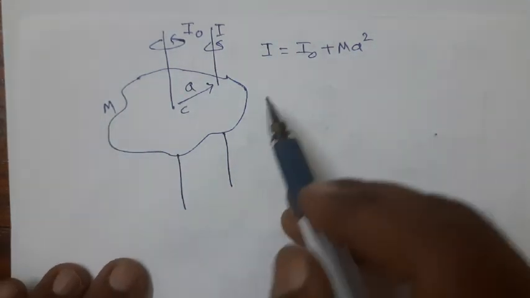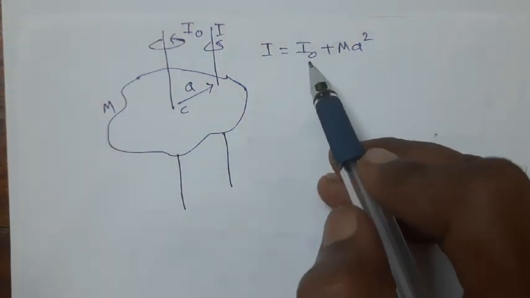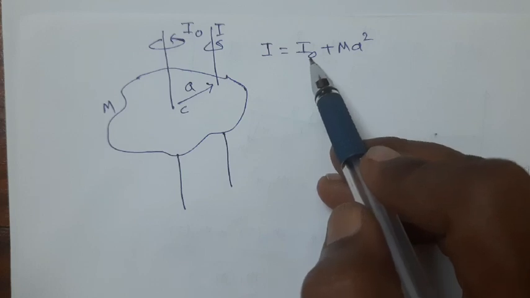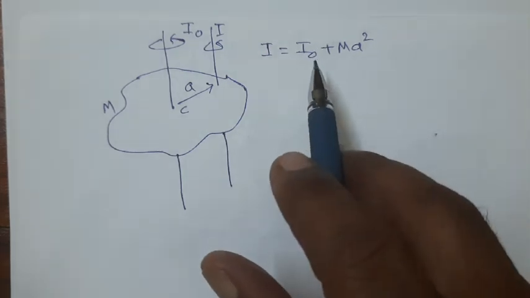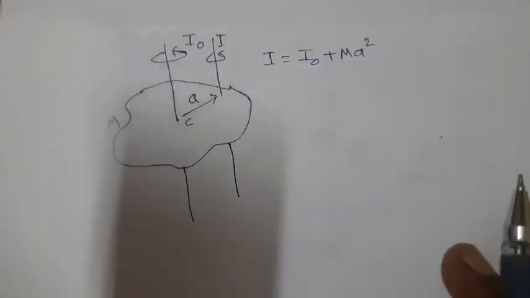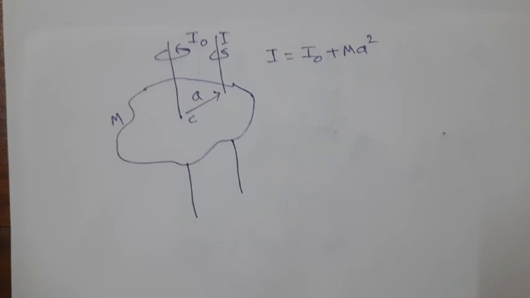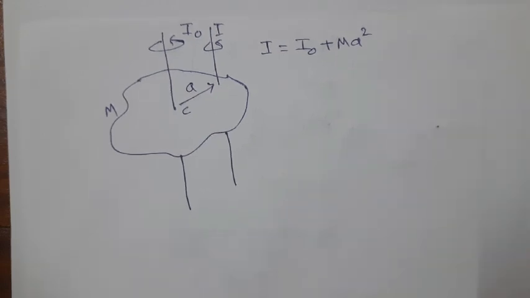That means suppose the moment of inertia about the axis passing through the center is I0, which is known to us. And you will observe that in case of the moment of inertia of a cylinder, of a disc, about the ring, and in case of the rod also, we had derived the expression for moment of inertia about the center itself.